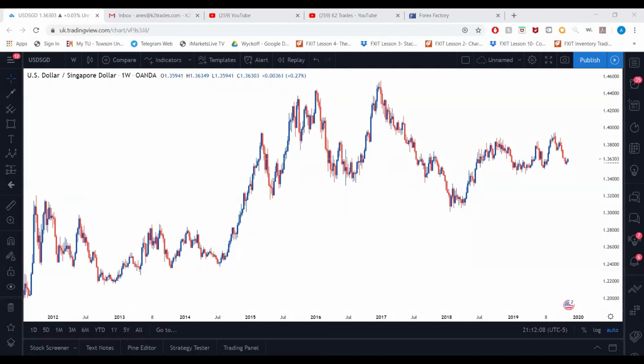So if that's the style of trading you prefer, and you have patience to hold trades for a whole week, possibly if needed a few weeks, then look for the confirmations on a higher time frame.